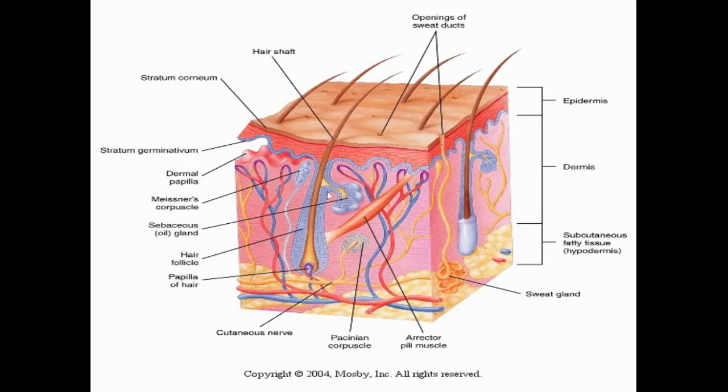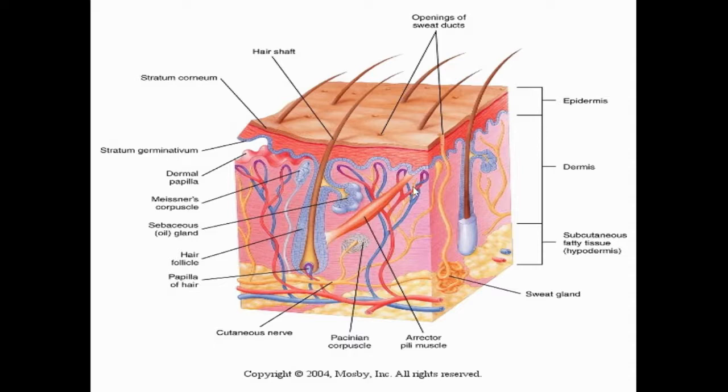The sebaceous gland secretes oil, and that's what helps keep your hair healthy, oily, shiny, all that good stuff. It comes out onto your skin. So it's a good thing that we have this. Otherwise, it would be very brittle and it would break off a whole lot easier than what it does. So sebaceous gland secretes oil for the hair.